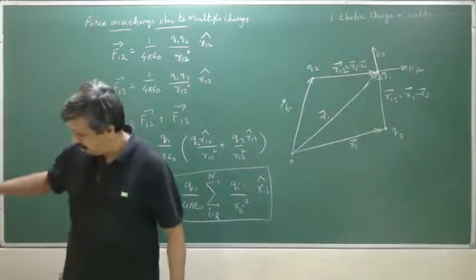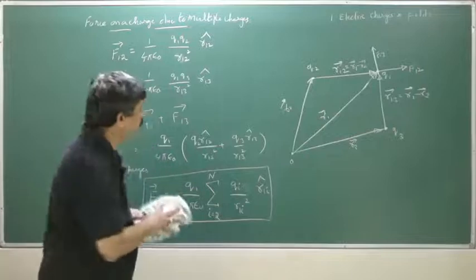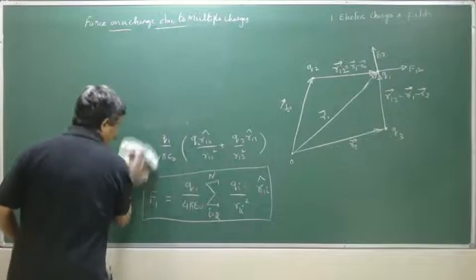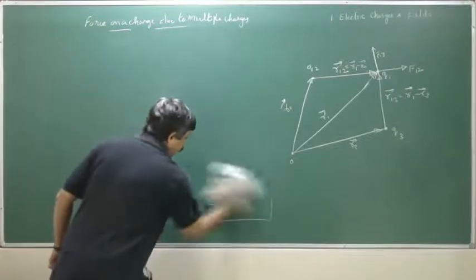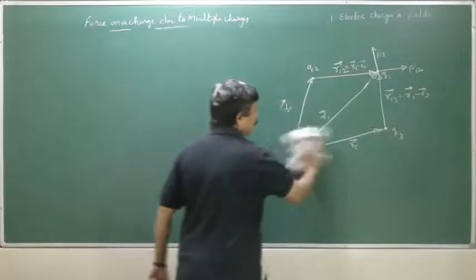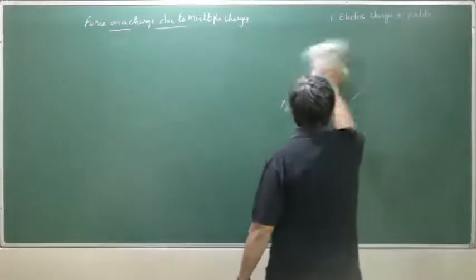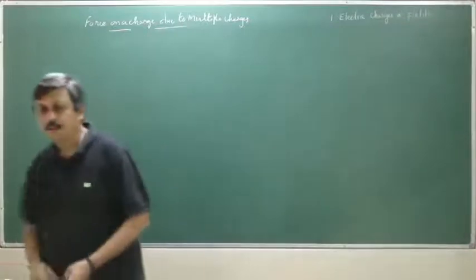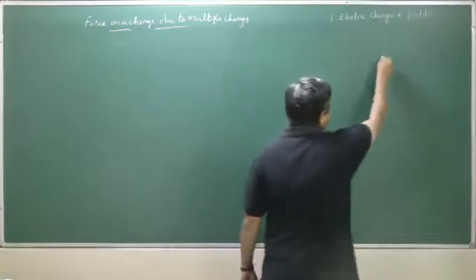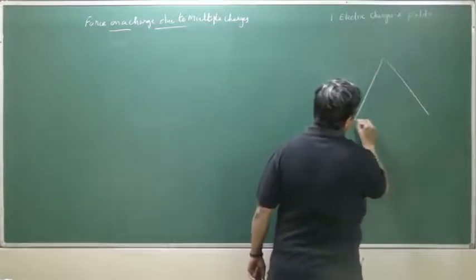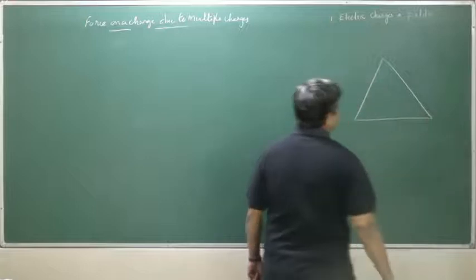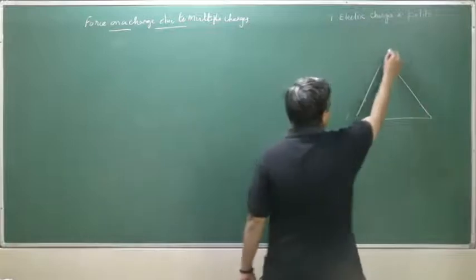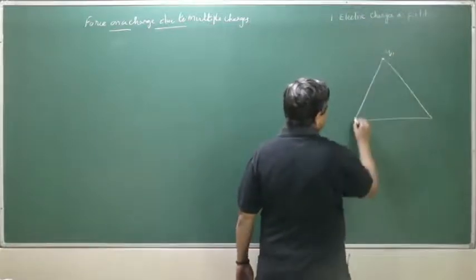Let me just try to write down that. There is an equilateral triangle, and we have charges Q1, Q2 and Q3 placed at these vertices.